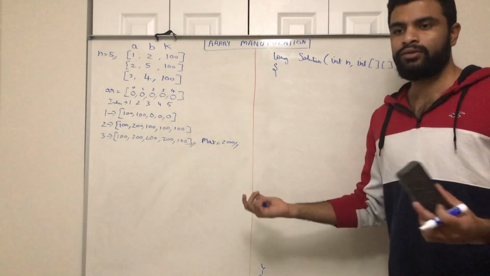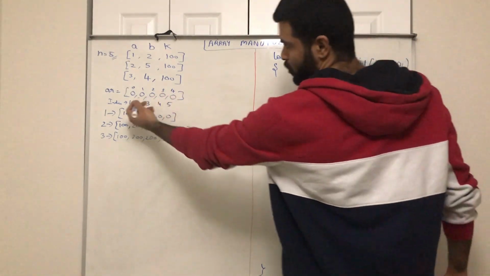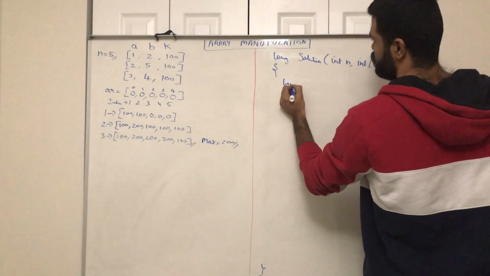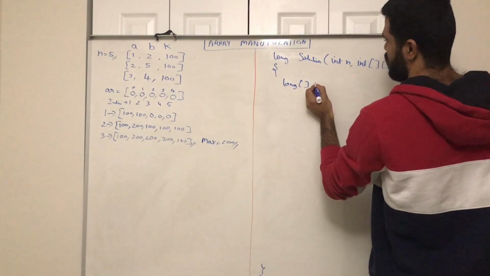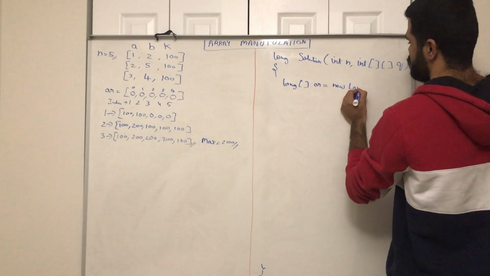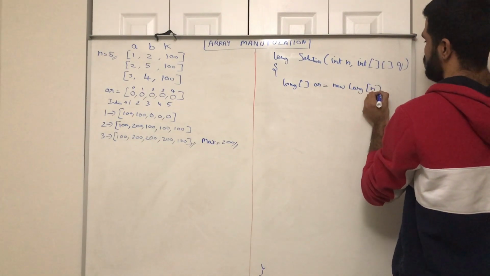First I want to create an array of length n. For that I will use long, and name it array equal to new long of length n.